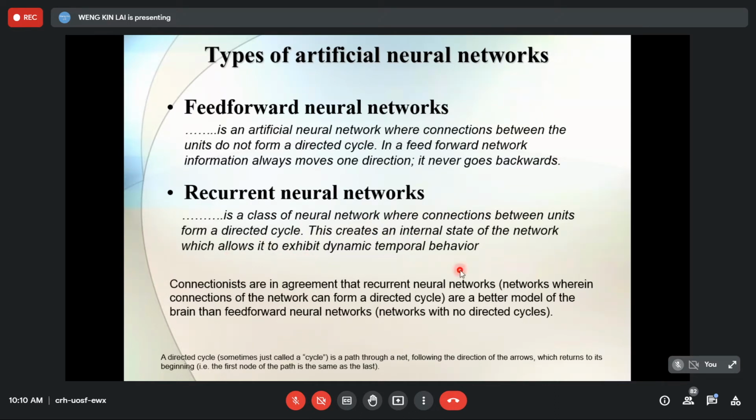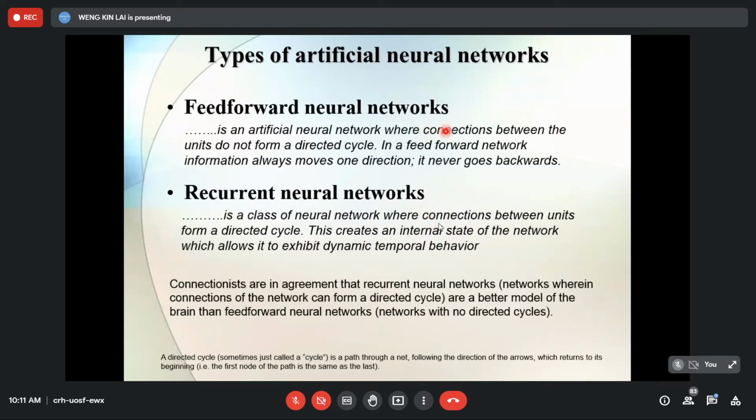Why do we want recurrent neural networks? Because they can do certain things that the first class, the feed-forward, cannot do. Therefore, someone proposed these recurrent neural networks.